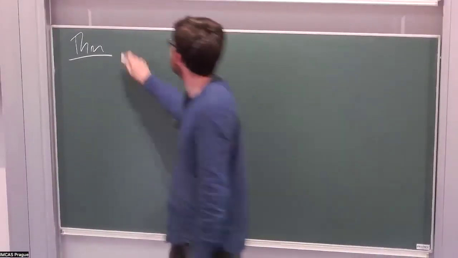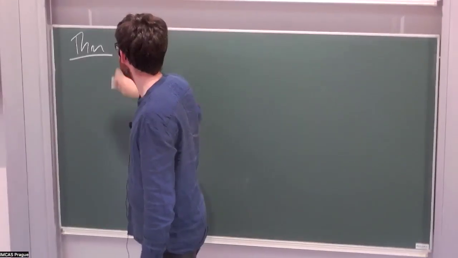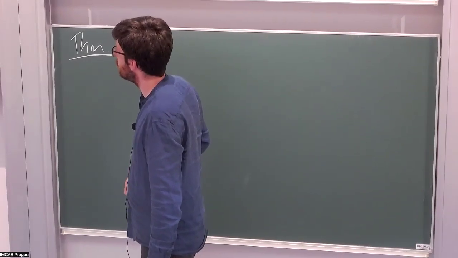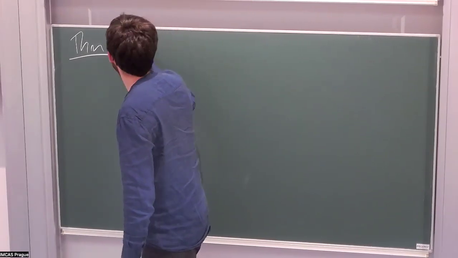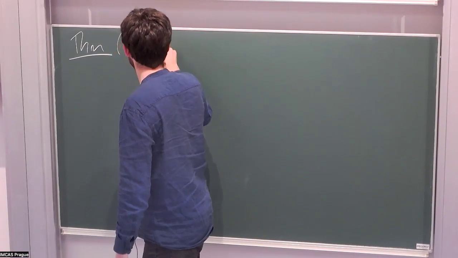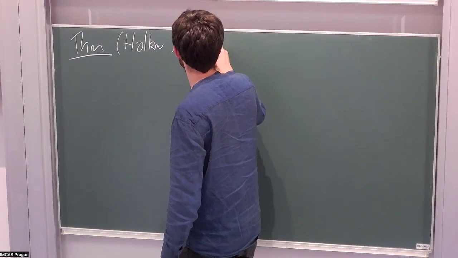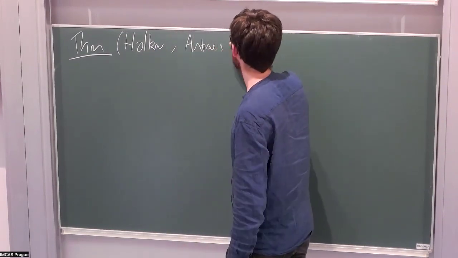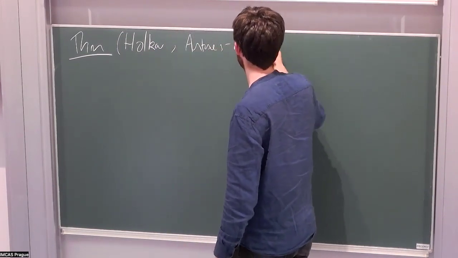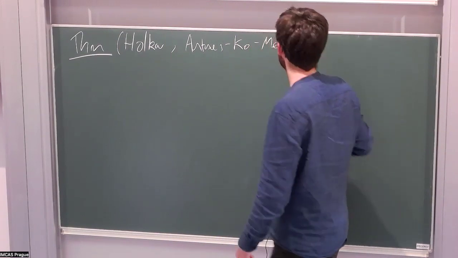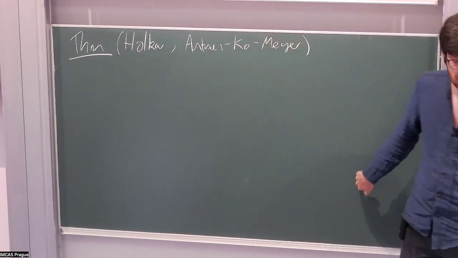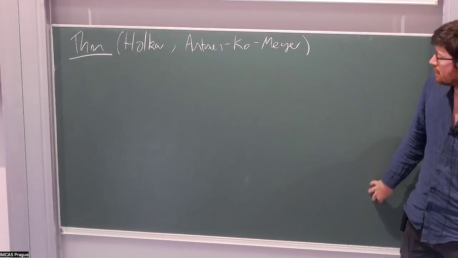So, a result in this sort of framework, I'm going to attribute this to multiple people. It was originally done in a slightly different setting by Holkar, and done by Tunis, Cole, and Maya in the étale setting, the more general étale setting.